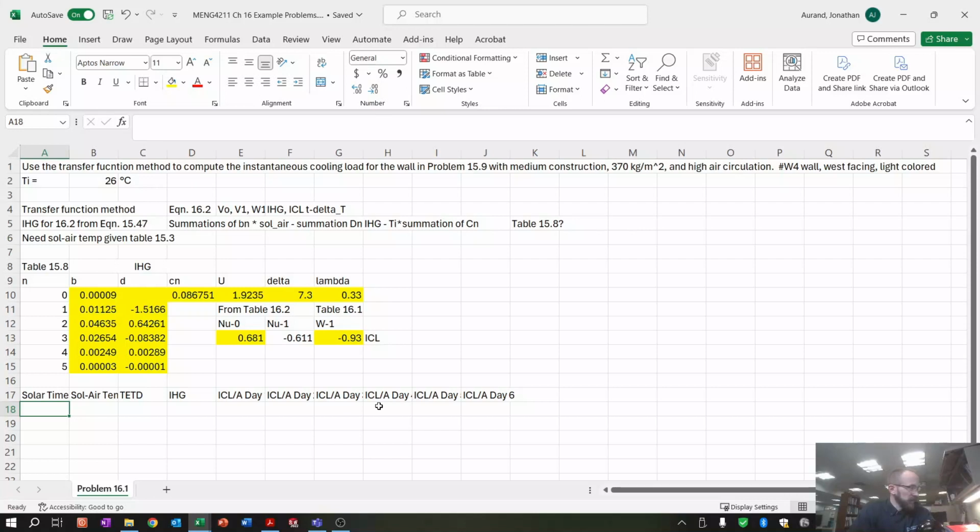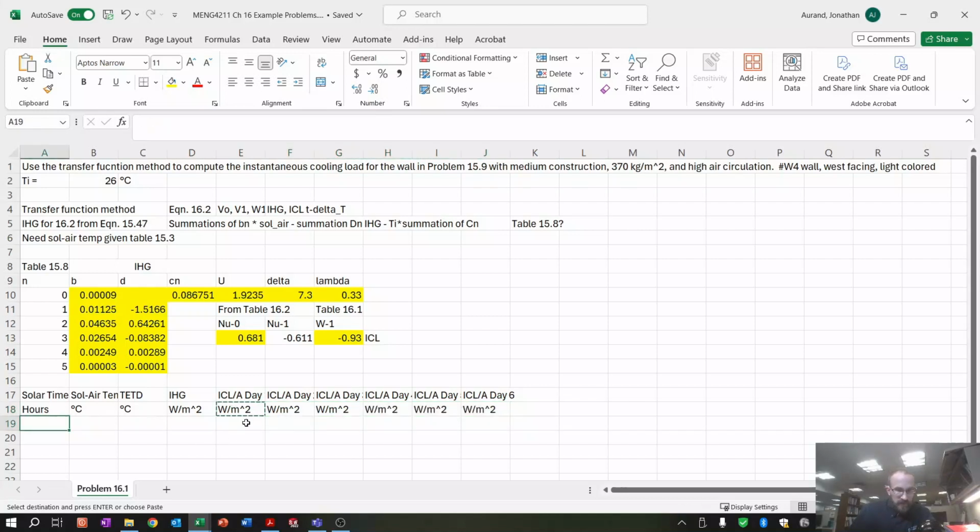So I'm going to start a few hours earlier. This is in hours, this is in degrees C. Nope, that's not degrees. This is in degrees C. This is in watts per meter squared, and this is in watts per meter squared. That's going to be the same. Is that going to do something? Oh, it's going to do something wacky.